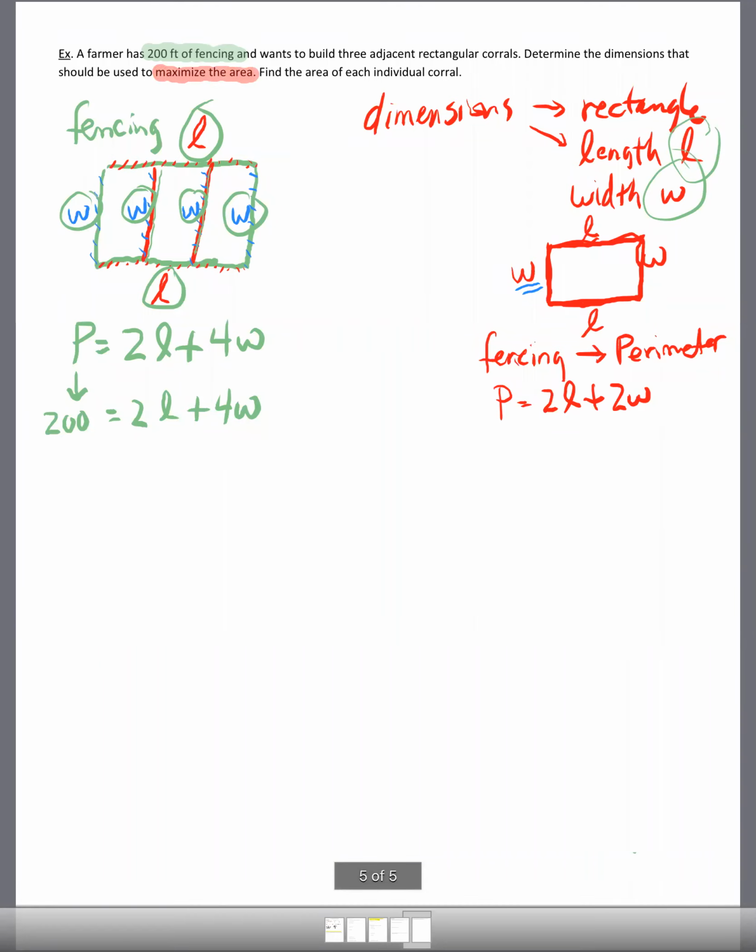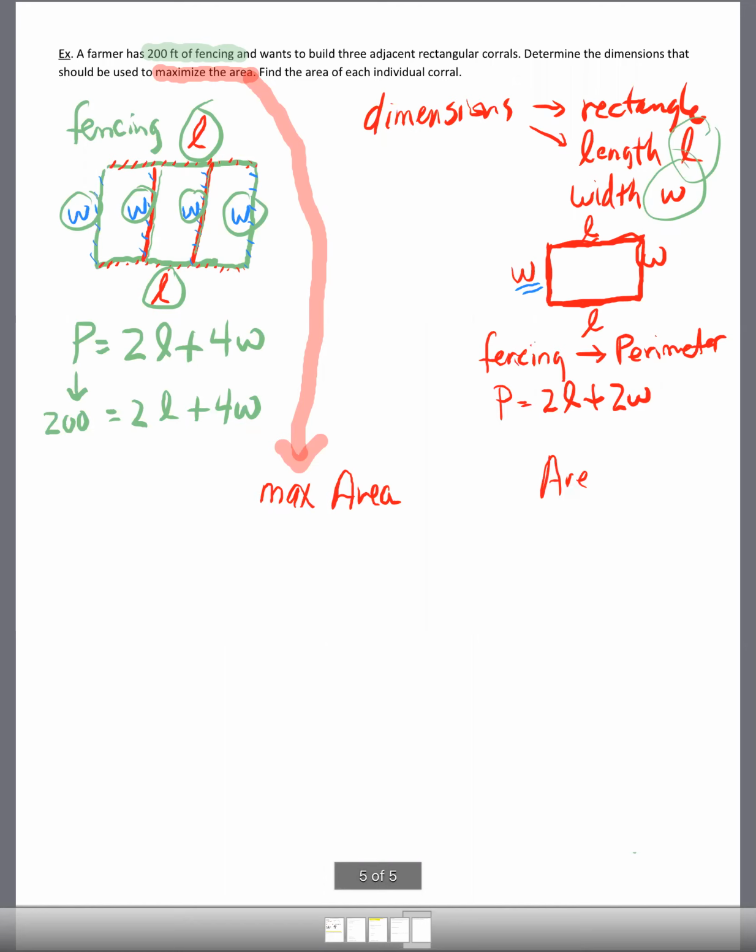Maximize the area. So this is what you and I need to be working on. The fact that we went over there and grabbed the perimeter, that's fine. We needed to talk about how the fence makes our corral. But now he says, I need you to go in there and I want you to max your area.